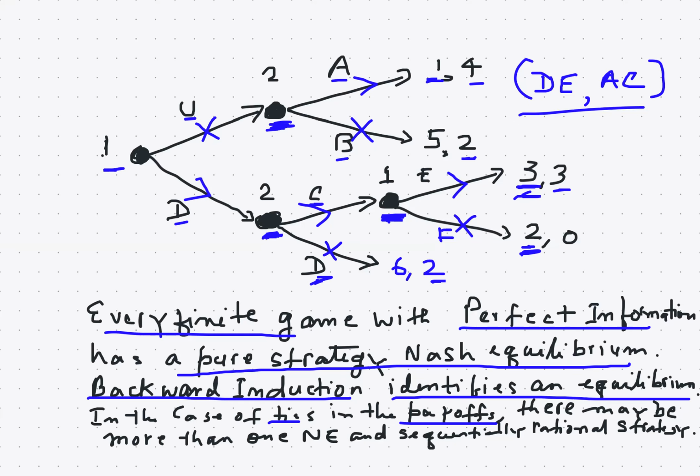But whenever you don't have any tie and the game is structured like the one I just described here, then the backward induction argument leads to a pure strategy Nash equilibrium of the game.